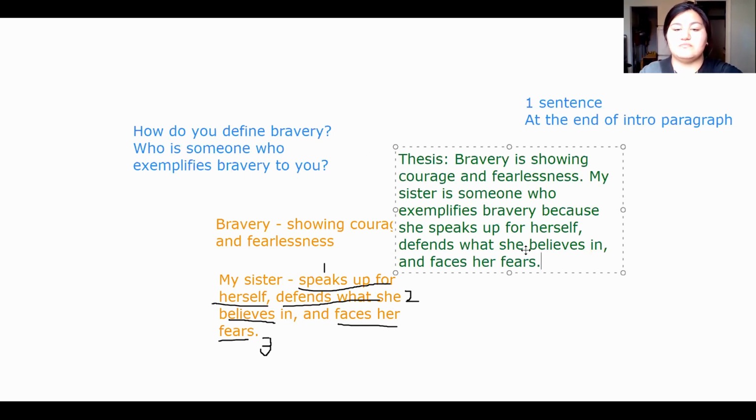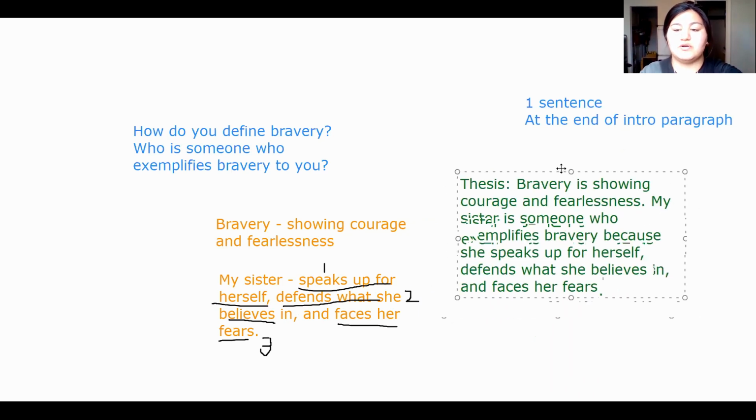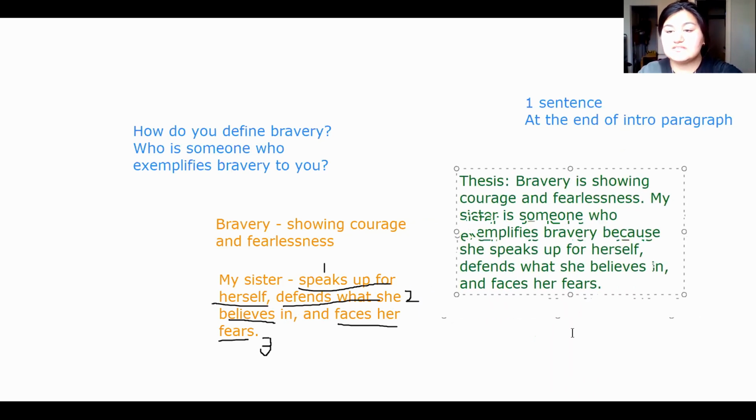And now I'm going to try to move this a little bit. Perfect. As you can see right here, we've taken everything and just mashed it together. We took our definition of the person who exemplified bravery to us, and we transformed it into a one-sentence thesis.